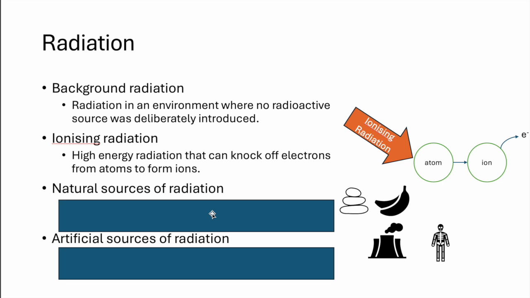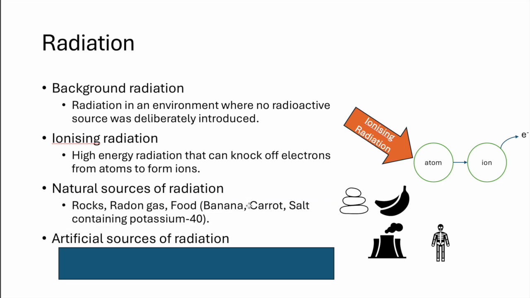So things like high energy UV rays, X-rays, and gamma rays are examples of ionizing radiation. It has the ability to do that, so it's not good to have such long-term exposure, as it does cause damage to yourself. And background radiation refers to nuclear radiation in an environment where no radioactive source has been deliberately introduced. So it's generally found in nature, and we encounter it every single day.